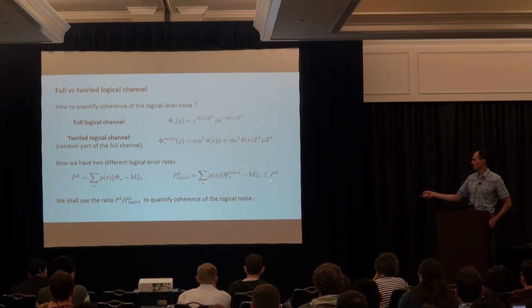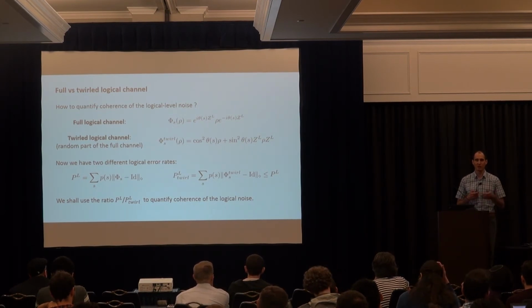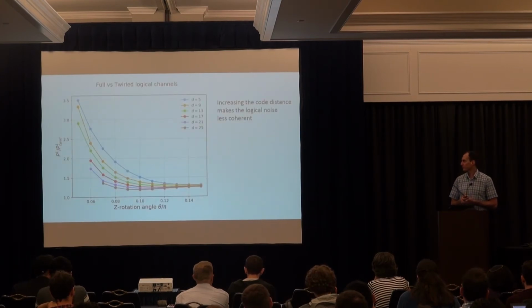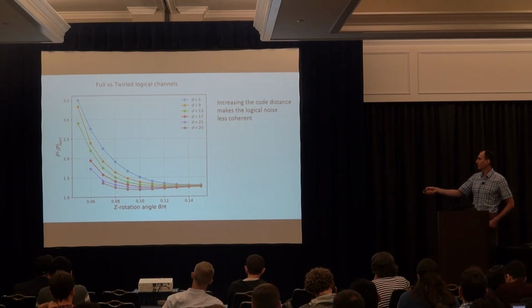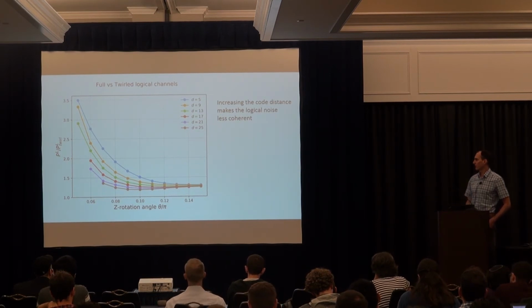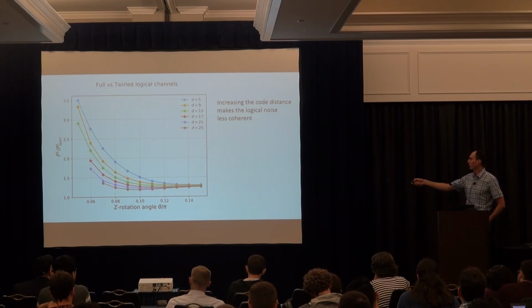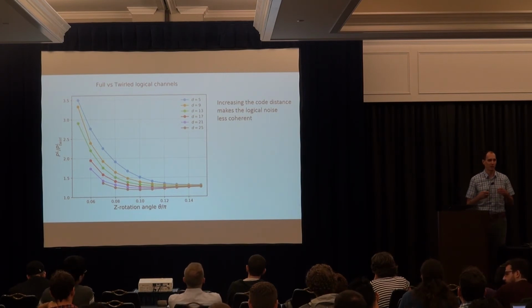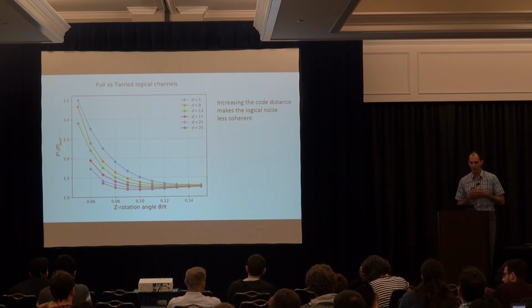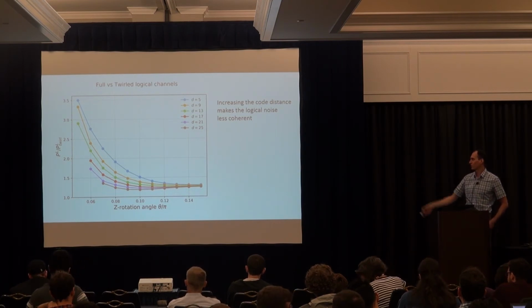This ratio is always greater than or equal to 1, and it's equal to 1 if and only if the logical noise describes random Pauli errors. Here I plot this ratio for different code distances and for different physical Z rotation angles. As you can see, again, increasing the code distance makes logical noise less coherent. So this ratio moves closer to 1.